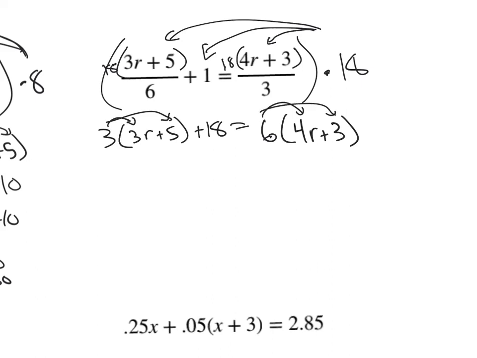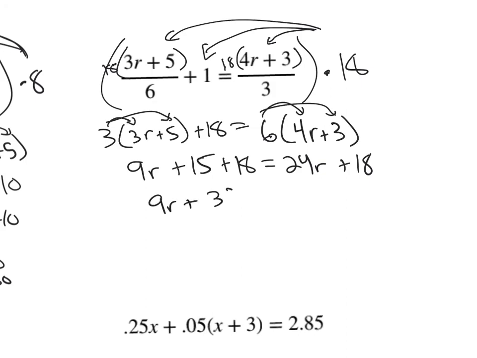So we've killed our fraction, so 3 times 3r is 9r, 3 times 5 is 15. Still got the plus 18, 6 times 4r is 24r, and 6 times 3 is 18. Next, you want to combine your like terms. So over here we have 9r plus 33 is equal to 24r plus 18.